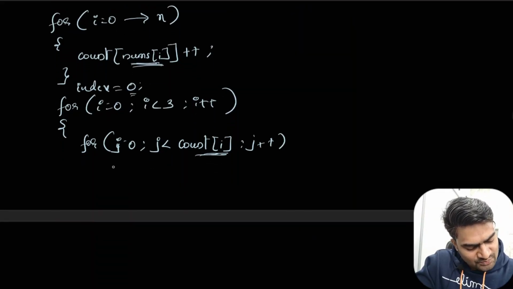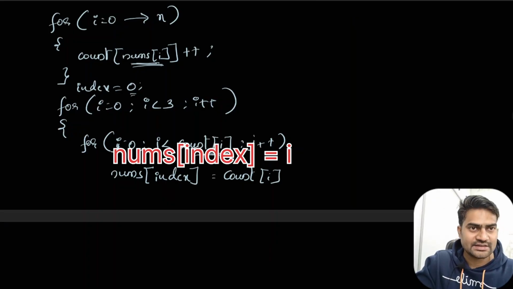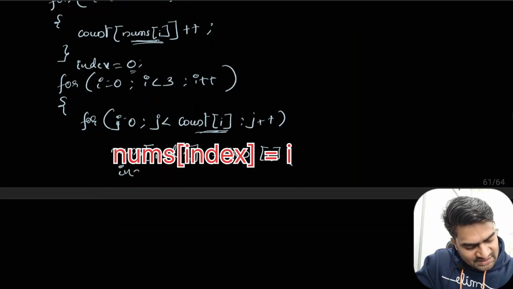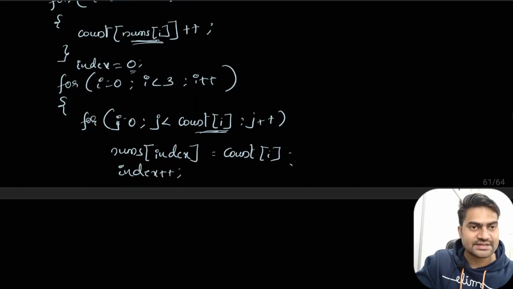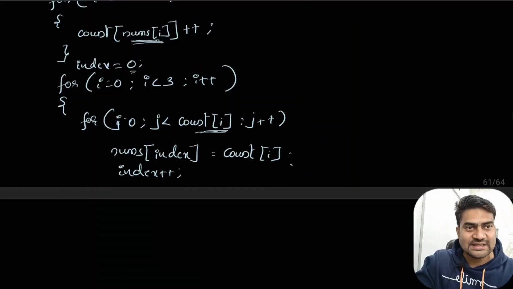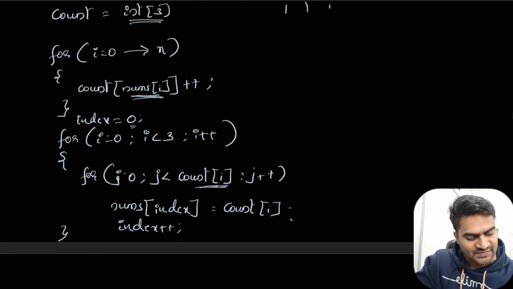Then I will say my nums of index will be i. Okay, so after this I will simply increment my index. Okay, this will replace the values in my original array. Now I will close this and it is done.